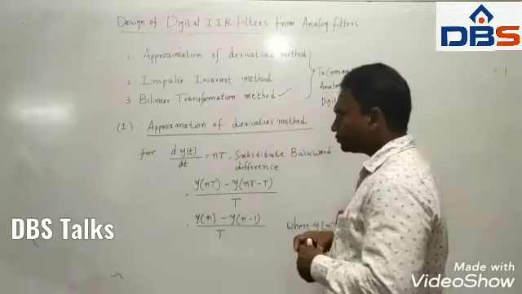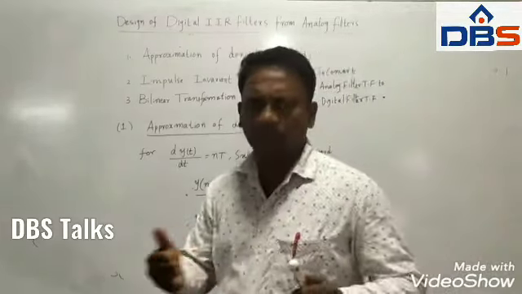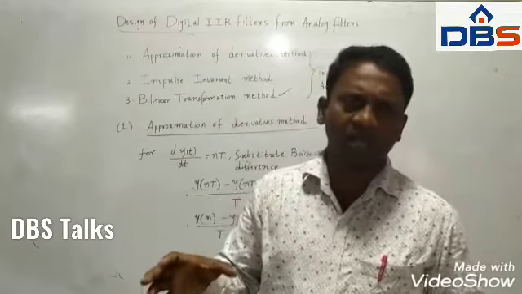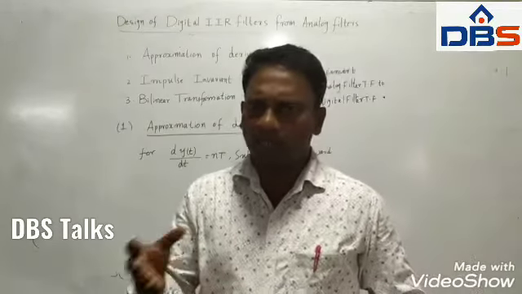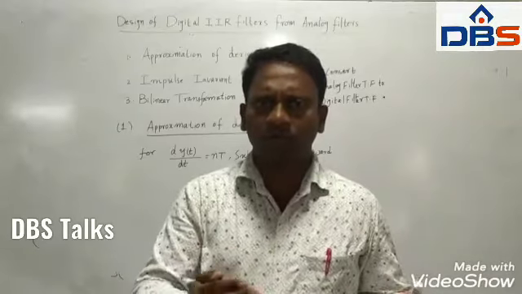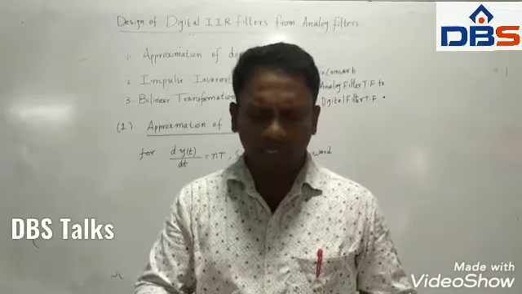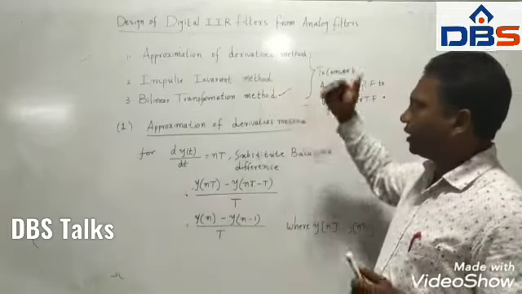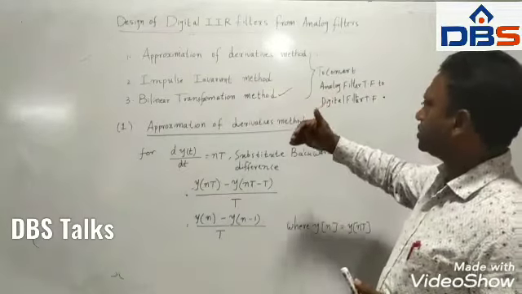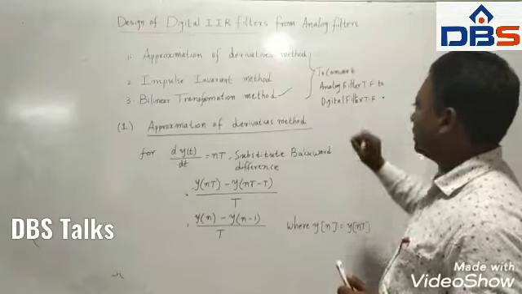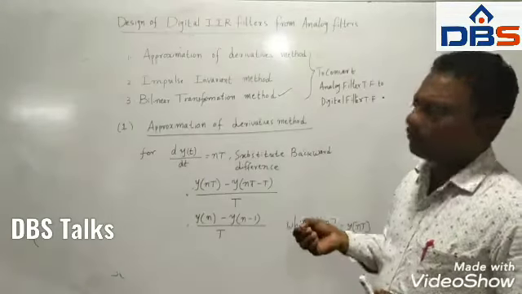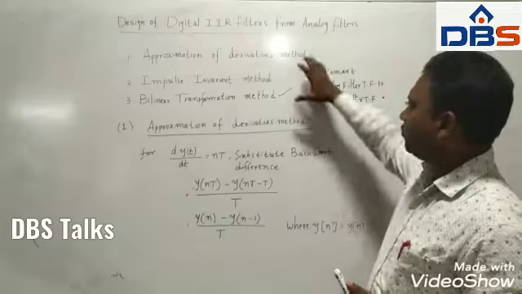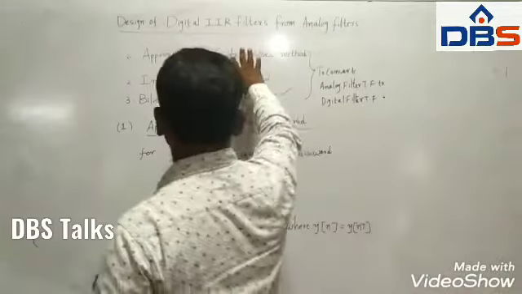First, you will be given some specifications of the filter. After that, we have to design the approximate analog filter, and from that analog filter you convert it to a digital filter. So to convert from analog to digital filters, we have these three methods.